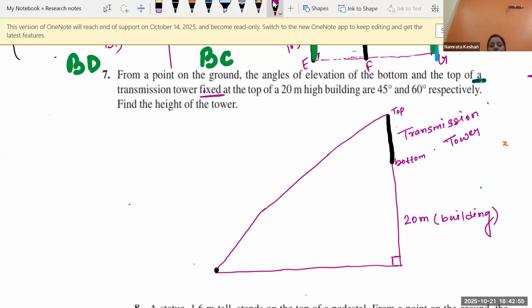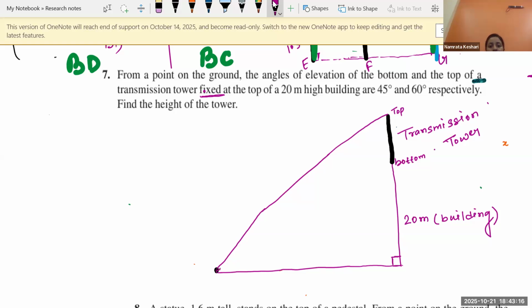So from this point, the angle of elevation of the top, and the angle of elevation from the same point. Who said? Because there is a comma. From a point on the ground, comma, that means all the angles of elevation mentioned have been drawn from this point only, right?